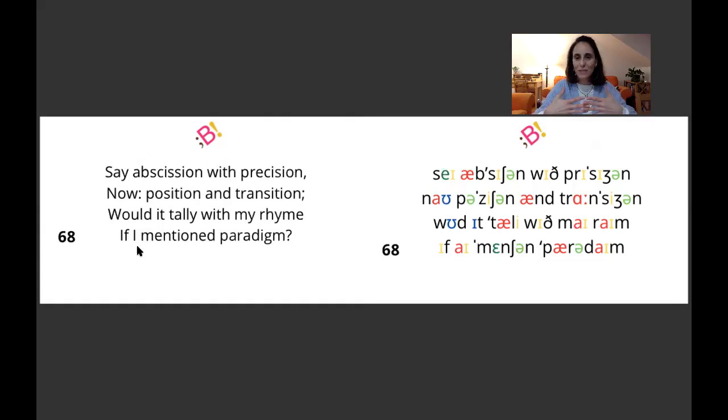Another interesting part. Mention. Can you see the schwa sound? Also, the schwa sound between sh and n. It's very typical of English sound. And in these 4 verses, you have this version in 3 lines: abscission, precision, mention. And then they say precision, que es un poquito más fuerte, ¿no? Precision, transition. Can you see that?